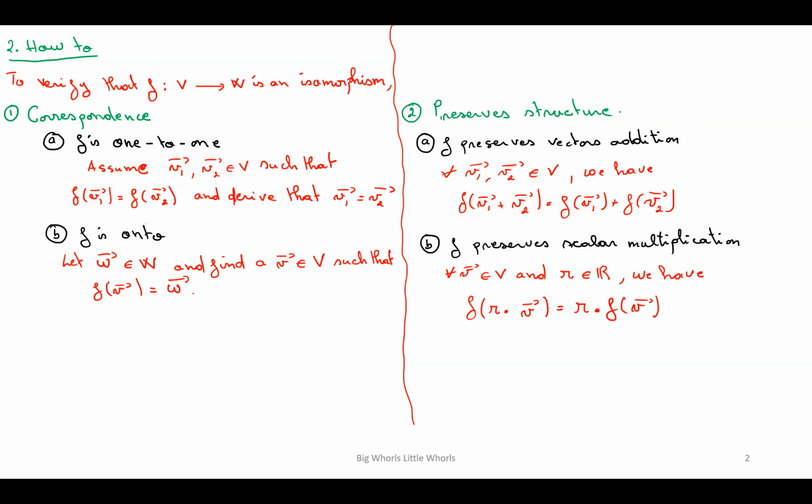Either you stop the video here and go to the next video to look at the tutorial, a concrete example of how to prove that a function is an isomorphism, and then come back and watch the rest of the video. Or you can continue this video till the end and then watch the next video, which is going to be the tutorial. Okay, so let's continue.